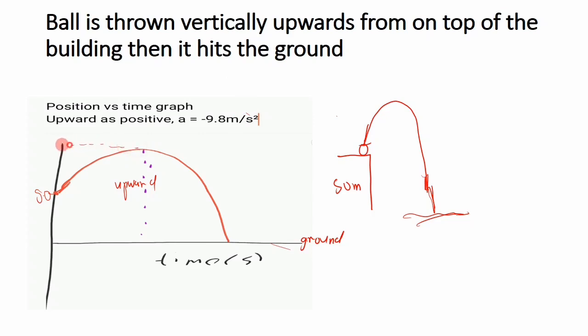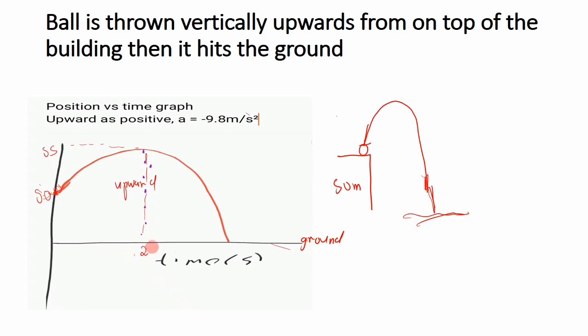Let's say it reaches a maximum height of 55 meters above the ground, so it reaches a maximum height of 5 meters if you reference from on top of the building, because from 50 to 55 that's 5, but in reference to the ground, that's 55 meters above the ground, right? Then let's say it took about 2 seconds to reach the maximum height, so we'll indicate 2 seconds here.